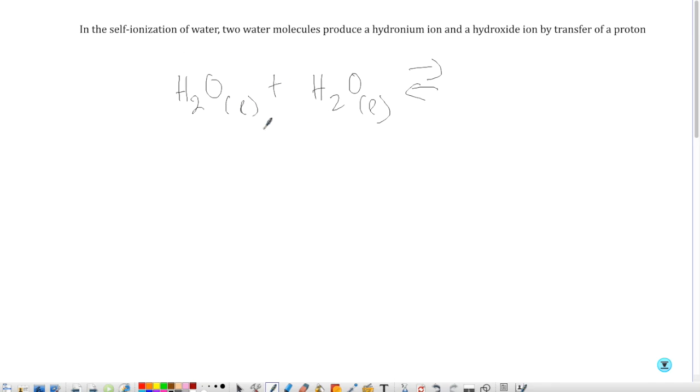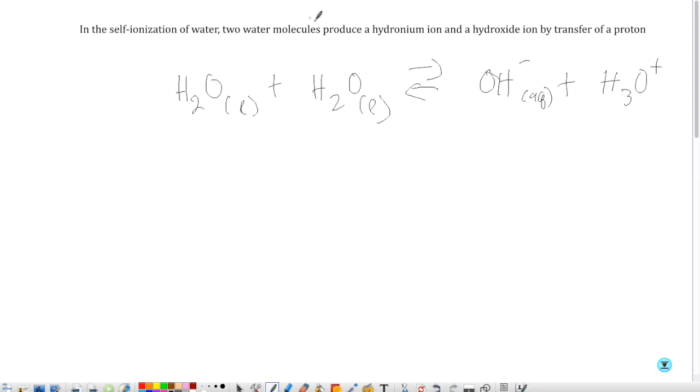So see if you can use that information to finish this reaction. Pause it, see if you can get it right, and then see what I say. Well, if this water donates a proton to this, what's going to be left here is OH minus, plus the proton gets donated to here, H3O plus.